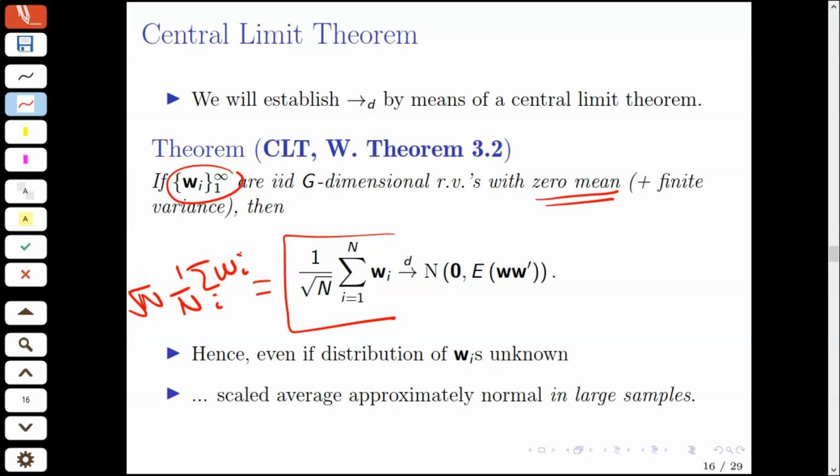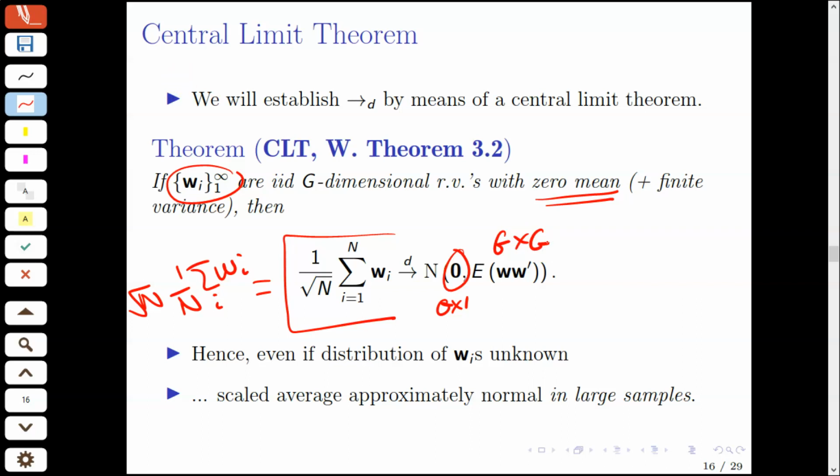And even better, it converges to a normal distribution with zero mean, so this here is a g by 1 zero vector, and having variance given by the expected outer product of these vectors w. Whoops, it's not k by k, that would be g by g in this case.